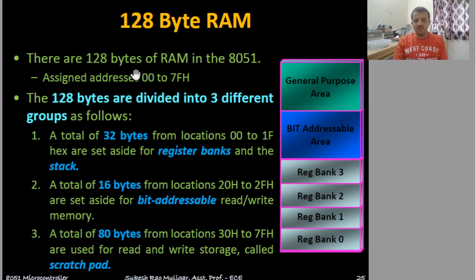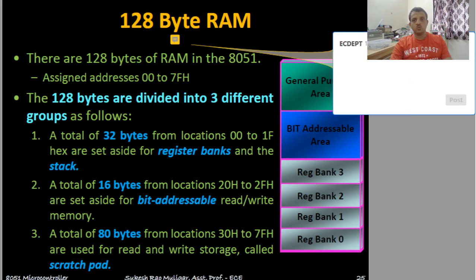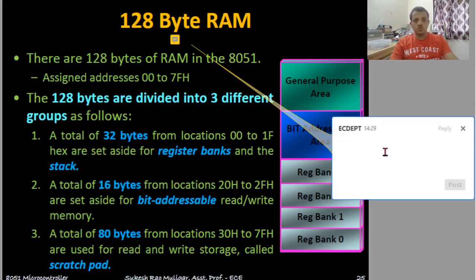The very interesting thing here is, see, 128 locations I need to address. So the general mathematics that we can use to solve this: 128 bytes means I can have up to 128 locations that can be addressed using totally 8 bits.